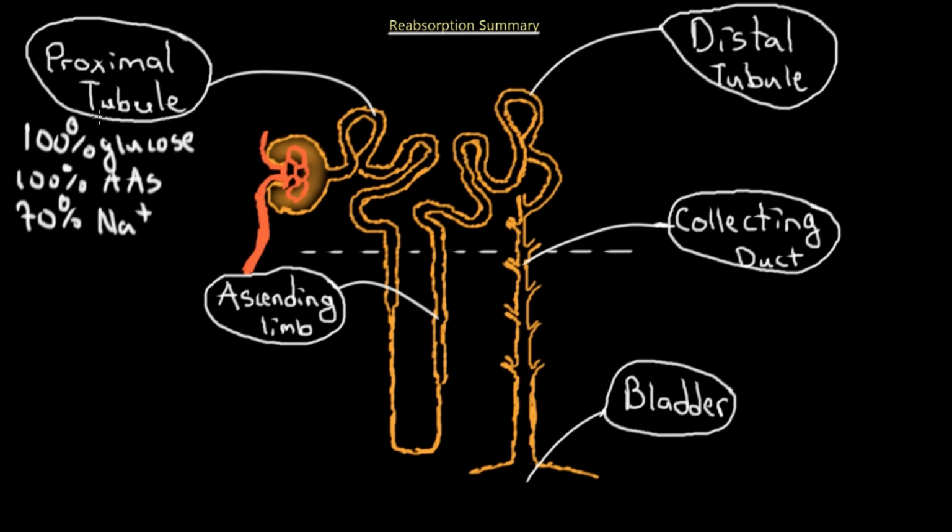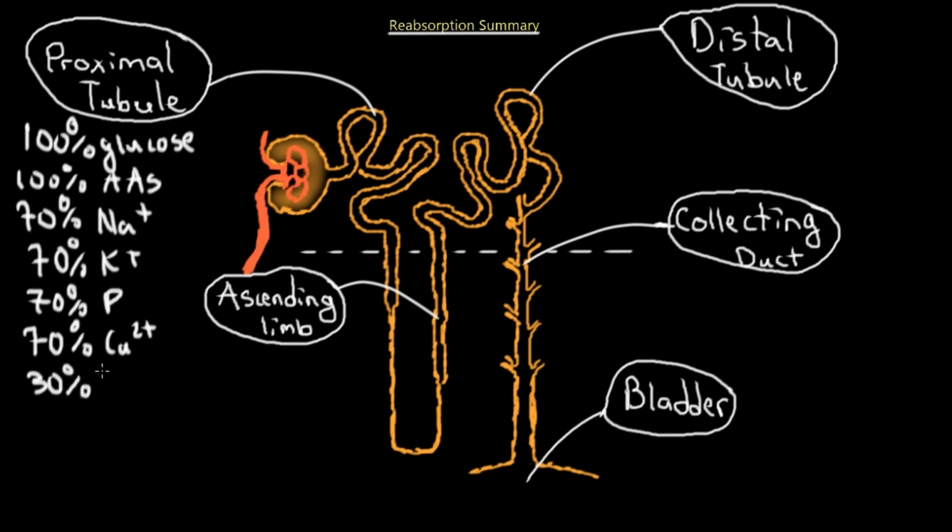Again, most of it is happening in the proximal tubule, and as you can see with the percentages, this is exactly what it is, because we also have 70% of the potassium, 70% of the phosphate, 70% of our calcium, and 30% of magnesium, as well as 70% of water. So as you can see here, the major site of water reabsorption and major site of all reabsorption will be the proximal tubule.